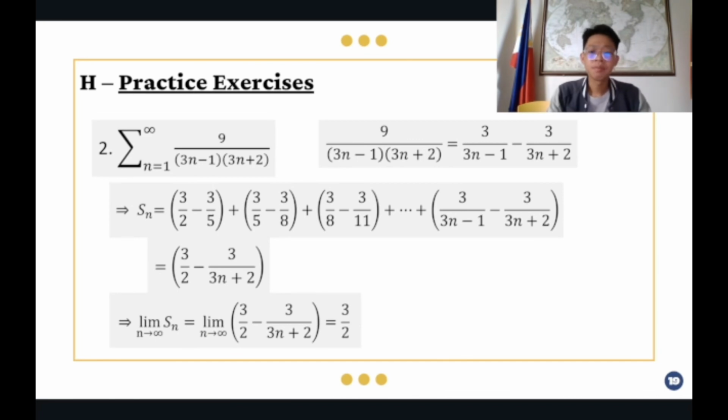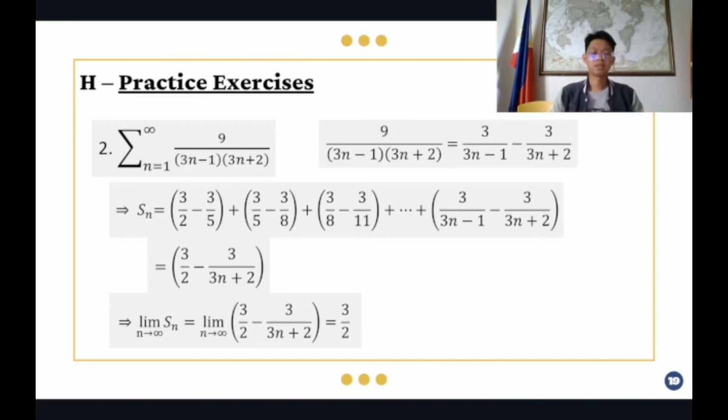Practice exercise number 2. The sum of 9 over (3n minus 1)(3n plus 2) from 1 to infinity. We have 9 over (3n minus 1)(3n plus 2) equals 3 over (3n minus 1) minus 3 over (3n plus 2), so that sn equals 3 over 2 minus 3 over 5 plus 3 over 5 minus 3 over 8 plus 3 over 8 minus 3 over 11 plus dot dot dot plus 3 over (3n minus 1) minus 3 over (3n plus 2), equal to 3 over 2 minus 3 over (3n plus 2).